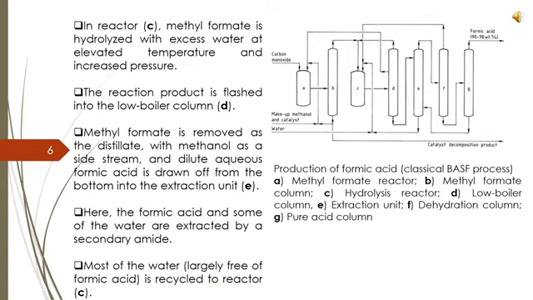Here in the low boiler column D, the reaction product is flashed from reactor C. Methyl formate is removed as a distillate with methanol as a side stream.